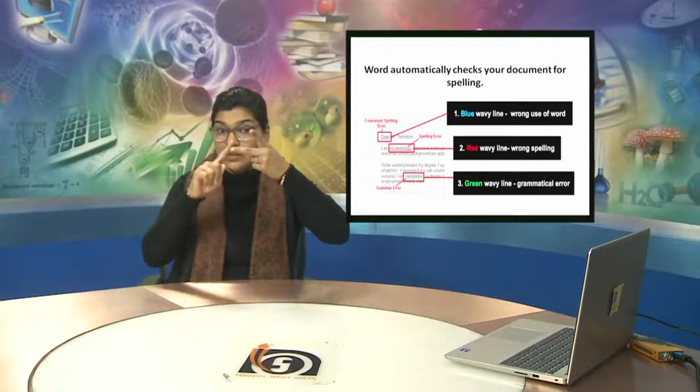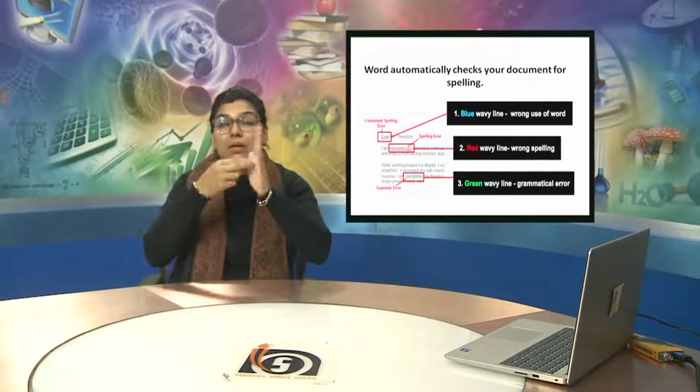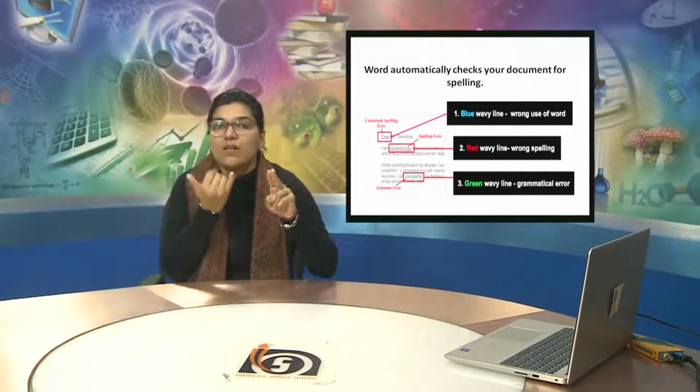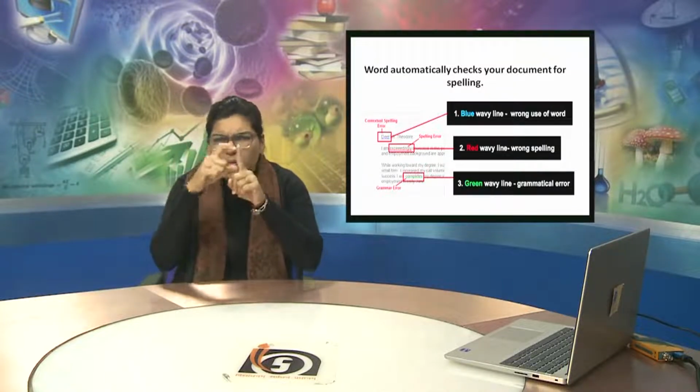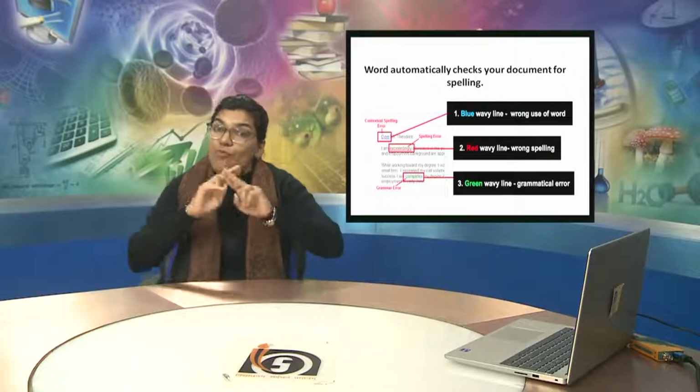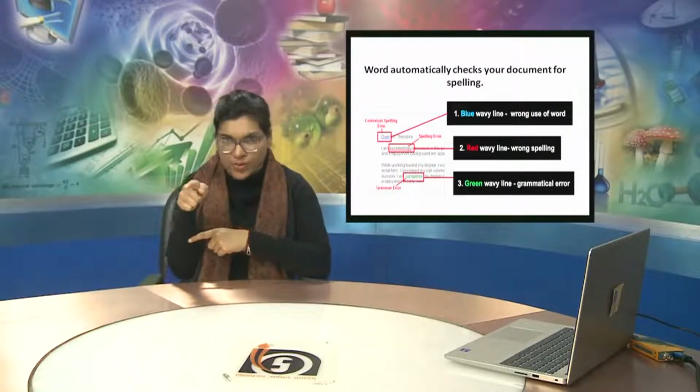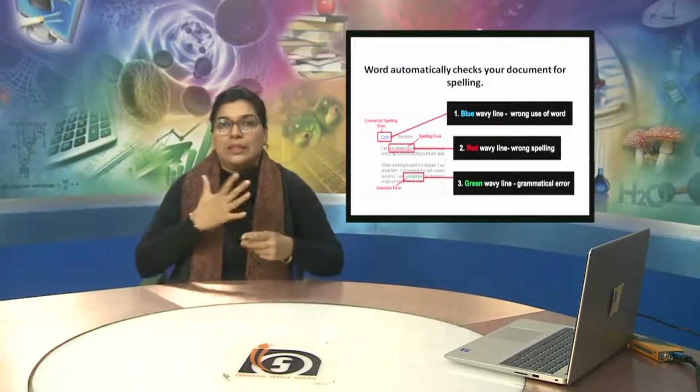I have explained the first part. Let's move to the second part, that is the red wavy line. Red wavy line depicts wrong spelling.